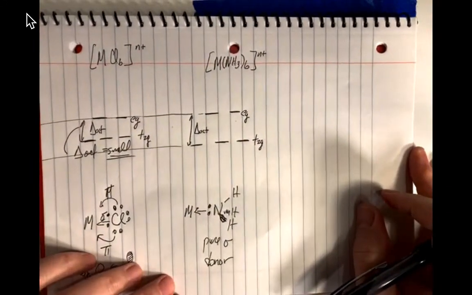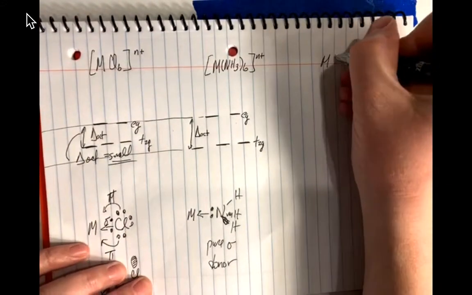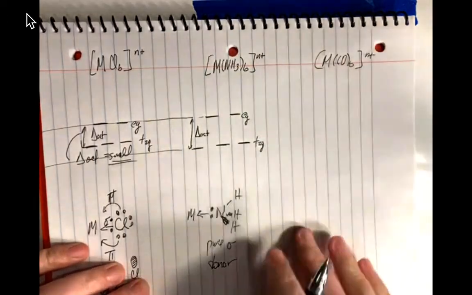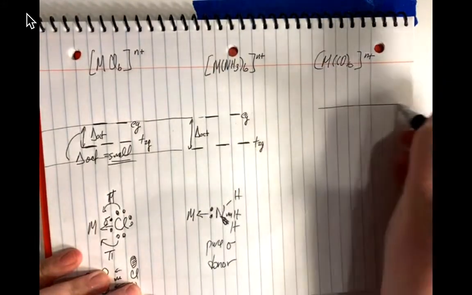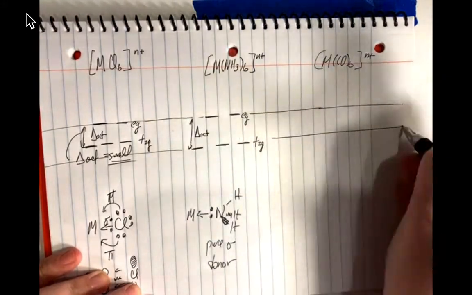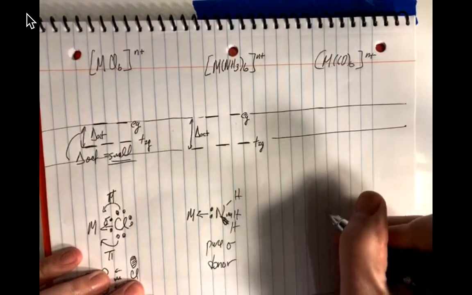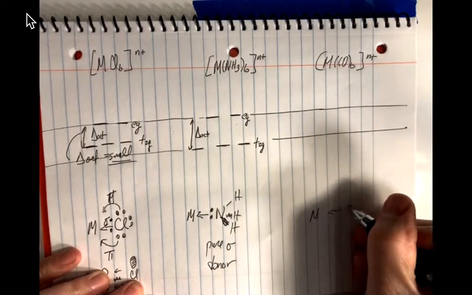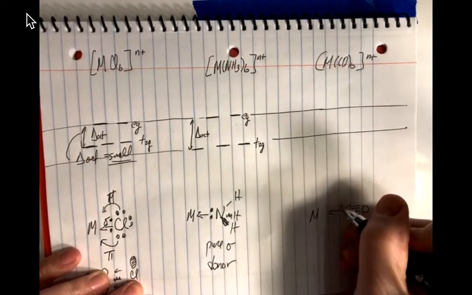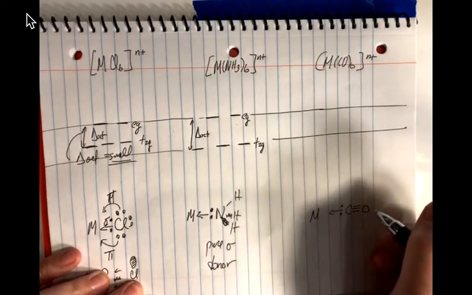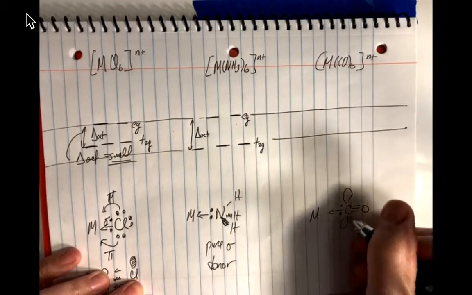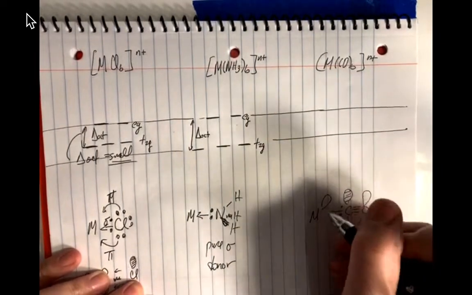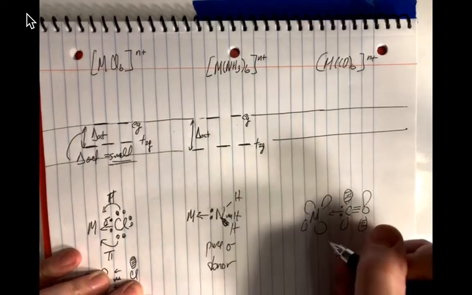Okay, well, we have one other situation that can happen. So if we have a metal with something like 6 CO ligands around it, it's going to look something like this, where we have the metal, we have the lone pair from carbon monoxide donating into the metal, and we have an empty pi star orbital interacting with a filled metal orbital.